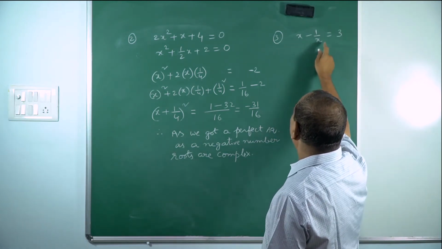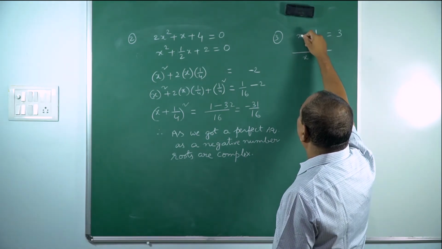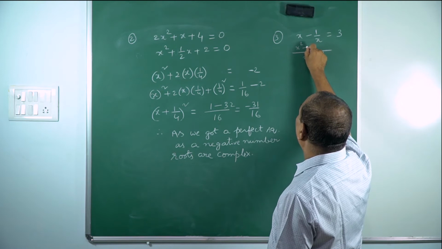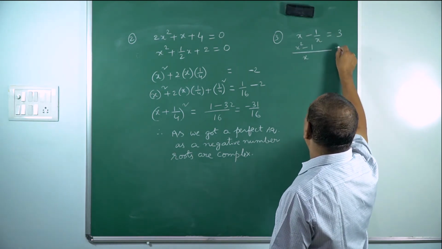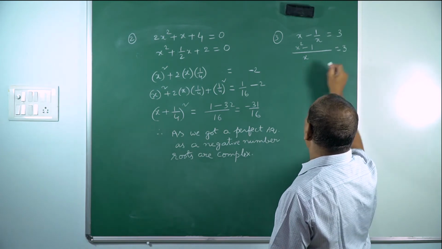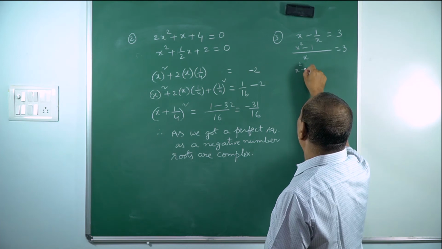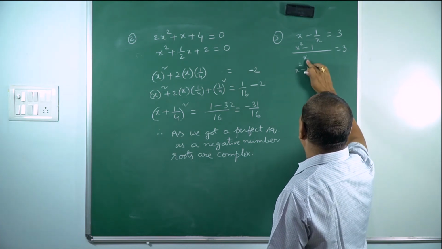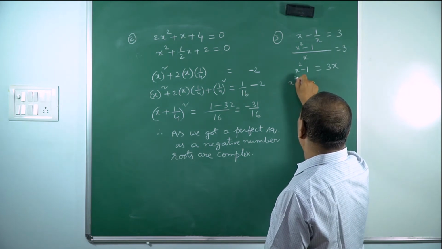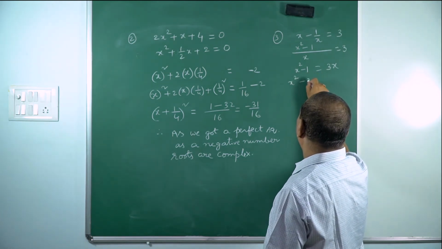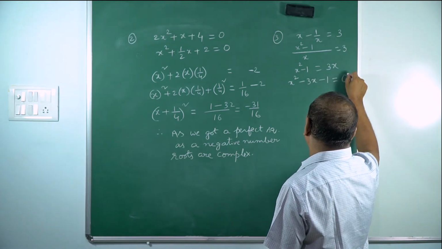So I take x as the LCM of the denominators here. x times x is x square. In this, x goes 1 time, 1 is 1, is equal to 3. Cross multiplication: x square minus 1 is equal to x into 3, 3x. Bring this 3x to this side: x square minus 3x minus 1 is equal to 0.